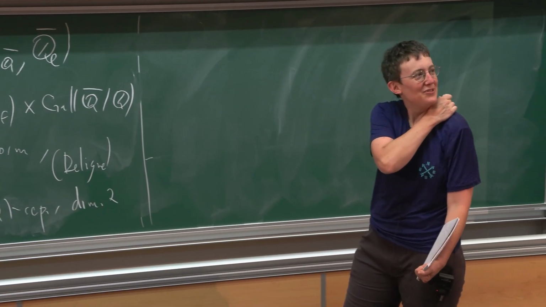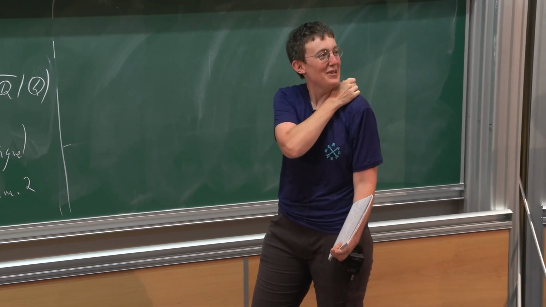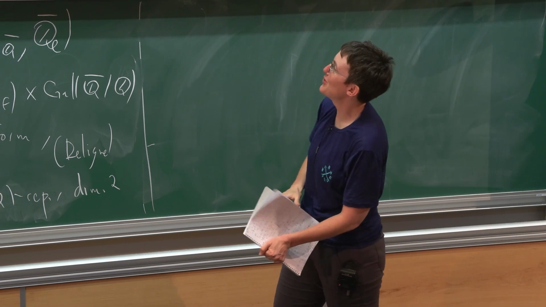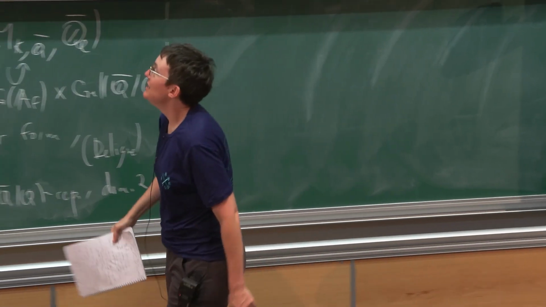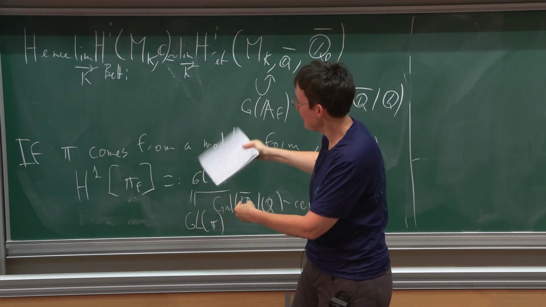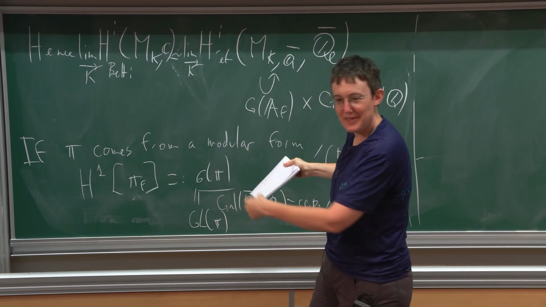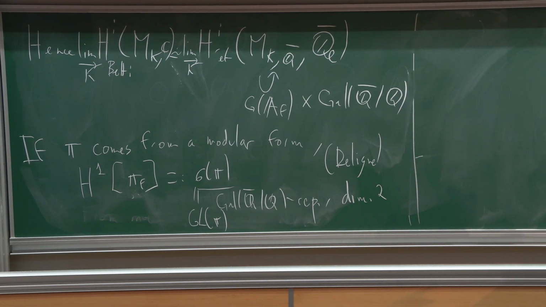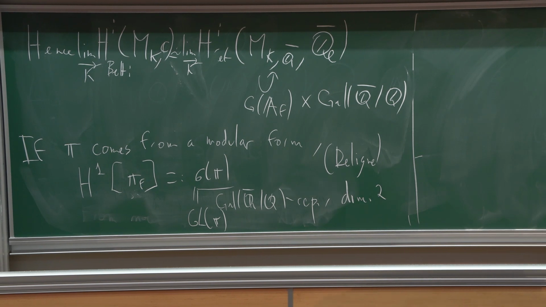But the point I want to make is totally independent of whether there is a twist or not. The first point we had was that in the cohomology of these things, we see automorphic representations. A second point is that when these things happen to be algebraic varieties, then in the cohomology we don't just see automorphic representations, we see something that looks like the global Langlands correspondence, normalized in an appropriate way.